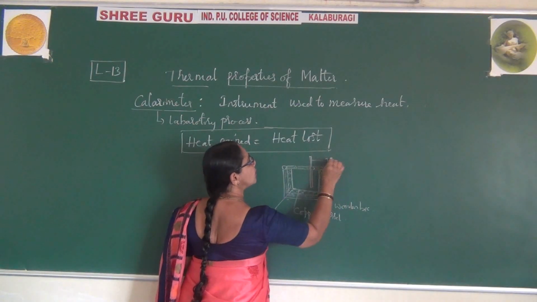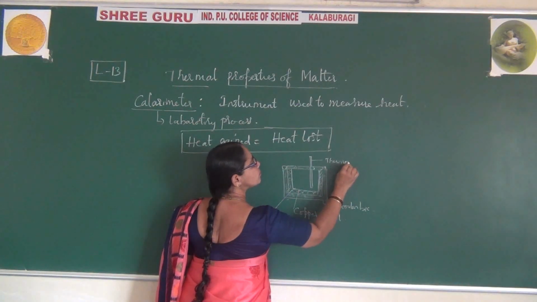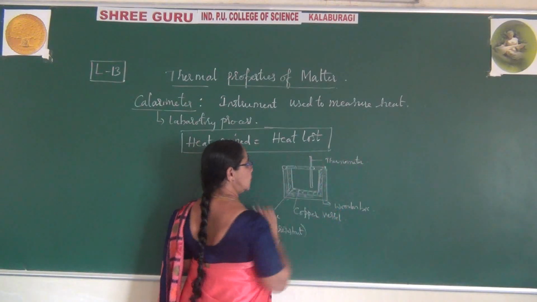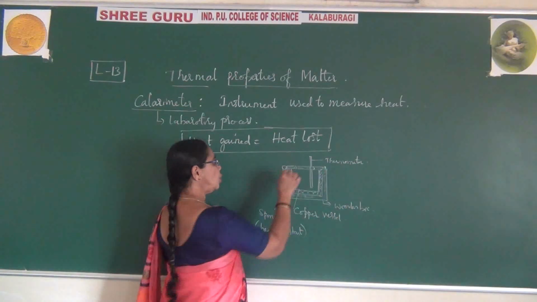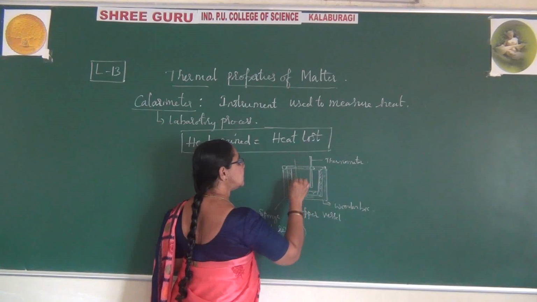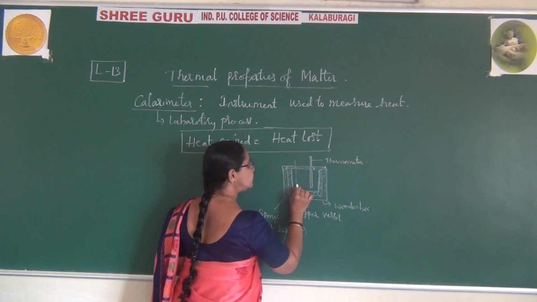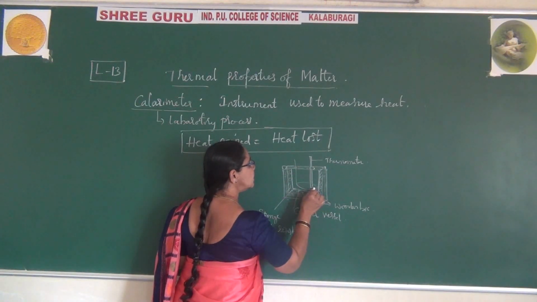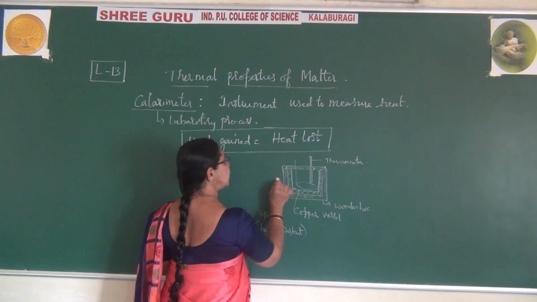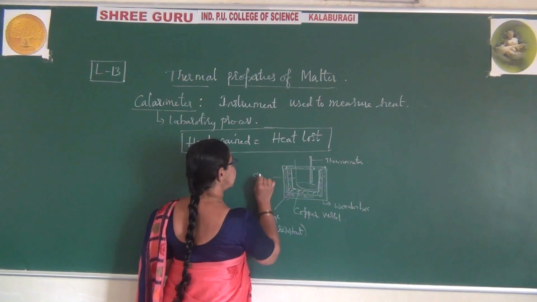This is the thermometer we have. And in the other hole we are placing a stirrer. This stirrer is placed here. Let me call this a stirrer.